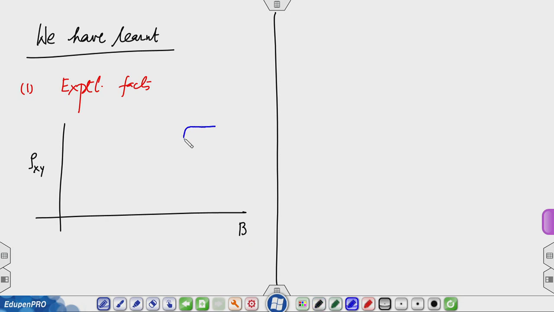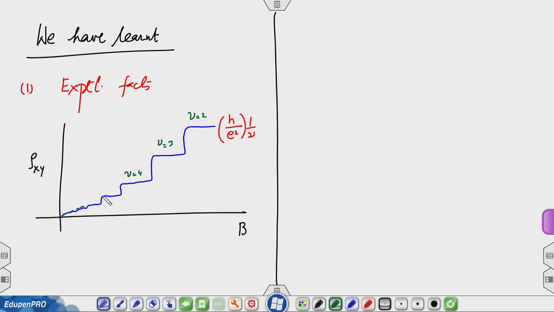So, as you decrease field, I will go this way in the field, you get these h over e square 1 over n or 1 over nu plateaus.